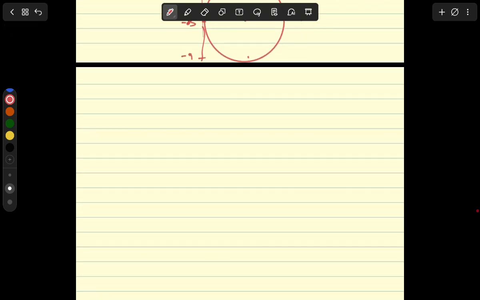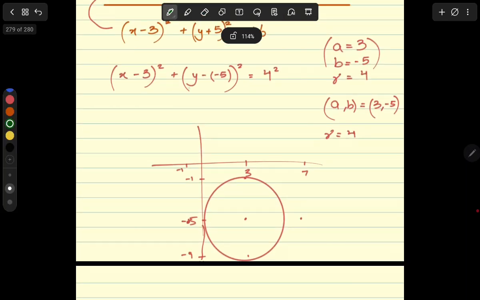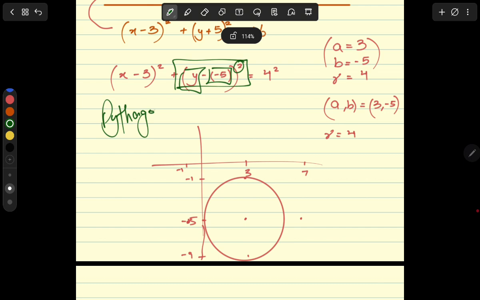Now, you should never be confused about why your y plus 5 right here got converted into y minus negative 5, because we have to take the difference of negative 5 with y and square it in order to apply the Pythagoras theorem, right? And I gave you the complete derivation a minute ago.